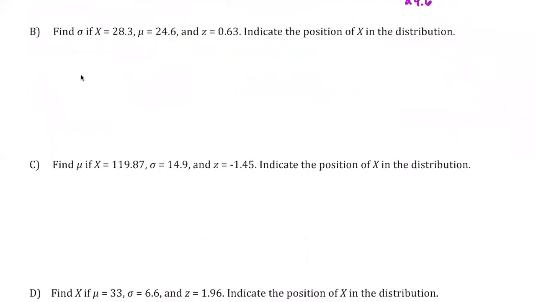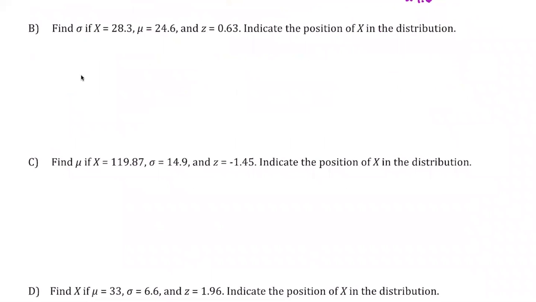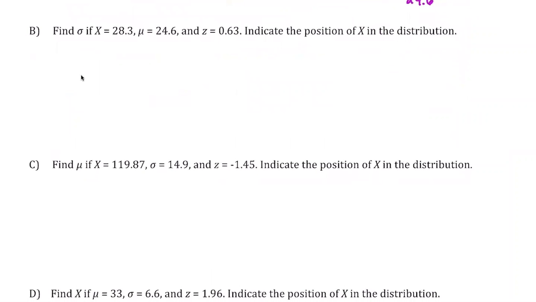Now, like I said, we can use that formula to solve for any of the variables in there. So if we look at part B, it says find sigma, or find our standard deviation, if our data point is at 28.3, our mean is 24.6, and our z value is 0.63. So I'm going to plug everything in their respective locations. The z value goes on the left side. My data point x is 28.3.